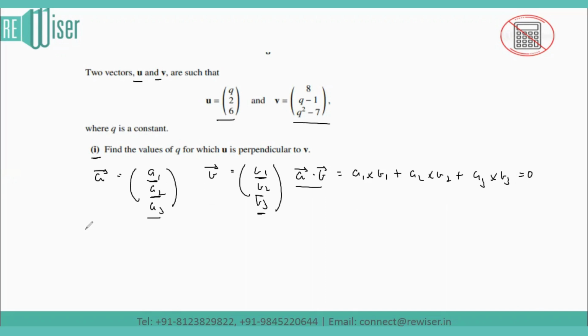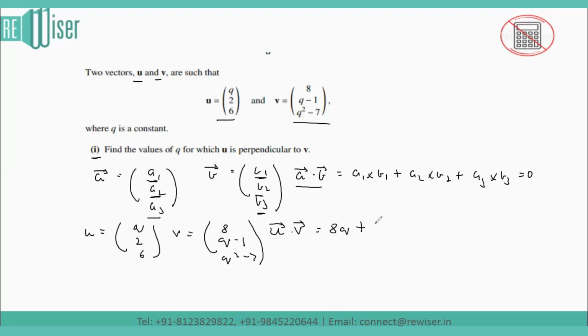In this case, I'll write my vector u as q, 2 and 6, and my vector v as 8, q minus 1 and q square minus 7. First I'll take the dot product u dot v, which according to the formula is 8q, plus 2 times q minus 1, which is 2q minus 2, plus 6 times q square minus 7, which is 6q square minus 42, and that should be equal to 0.